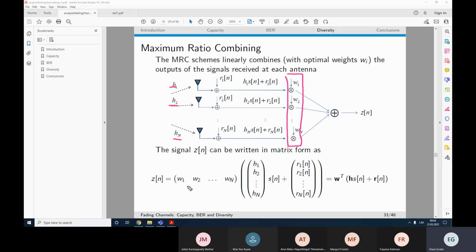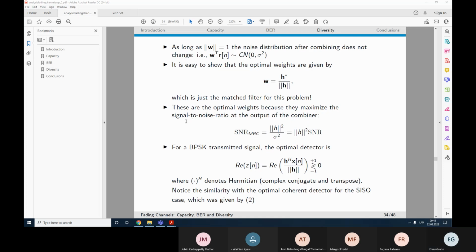This can again be written in matrix form, but it's not really important right now for us, because we'll talk about equalizers later. And the idea is that we need to find these coefficients. We don't know them, and it turns out that they are somewhat inverse to the channel properties, and this comes naturally.